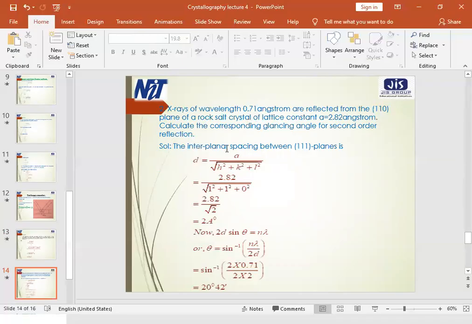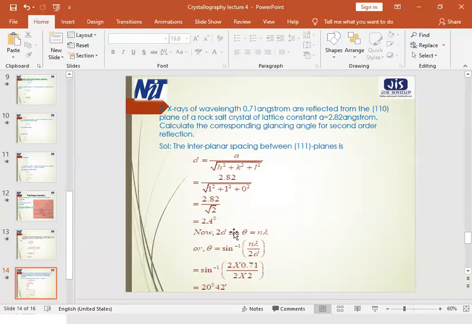So the interplanar spacing for the plane, the values of h, k and l are given, so d is equal to a by root of h square plus k square plus l square. The value of a is also given, 2.82 angstrom. We are not converting this angstrom; it will be calculated in terms of angstrom. 2.82 by root of 1 square plus 1 square plus 0 square, that is 2.82 by root 2, which is 2 angstrom.